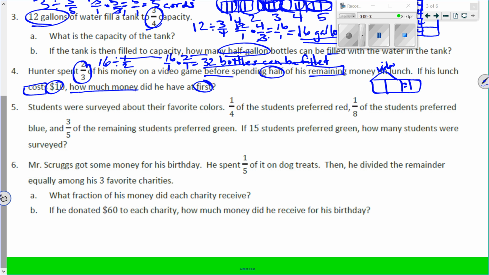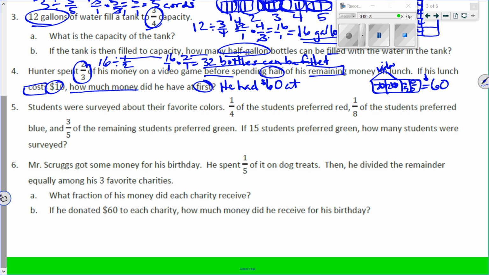So what's the other half? So that means that the whole box was 20, making my ratio constant 20, meaning the other 2 boxes now get a 20 as well. So 3 20s means I have $60. Okay, so he had $60 at first.